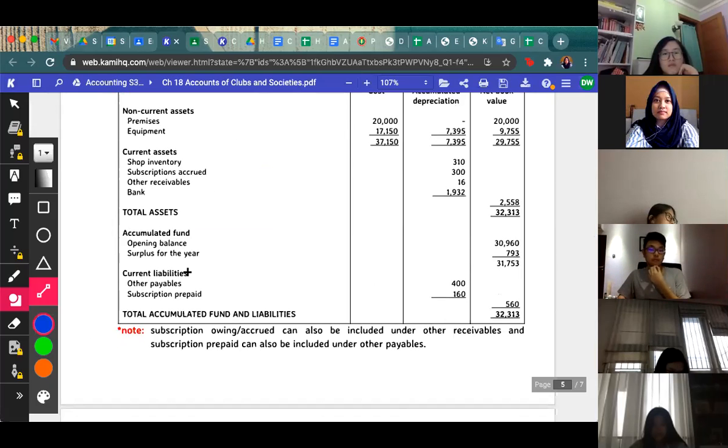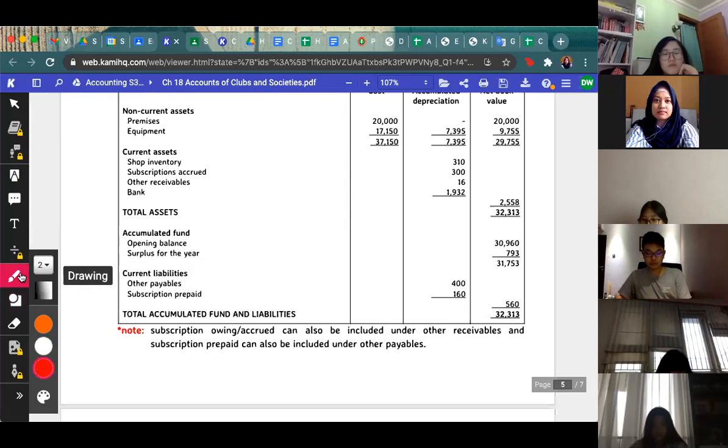Next is current liabilities. Because you don't have non-current liabilities, you can ignore that. Current liabilities, you have other payables and subscription prepaid. At the end, the total accumulated fund and liabilities is 32,313, which is equal with the total assets.